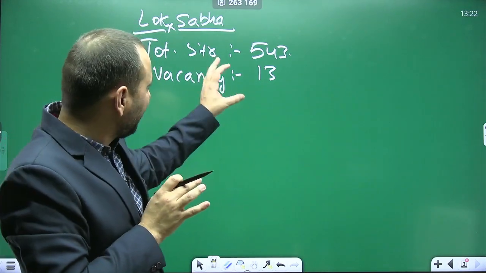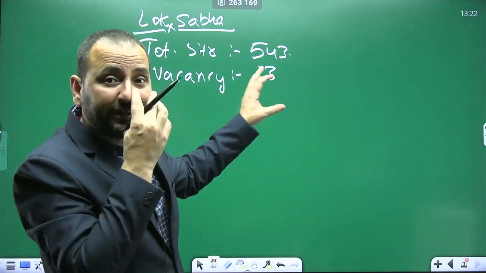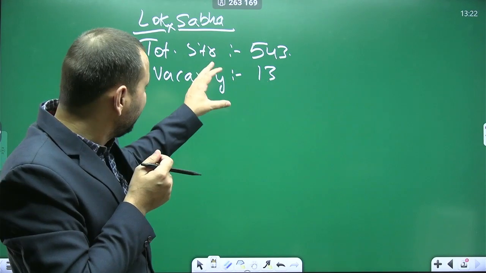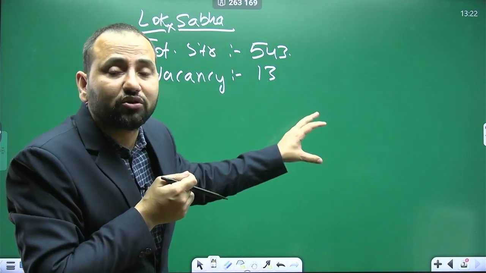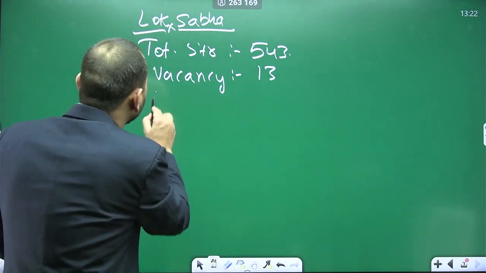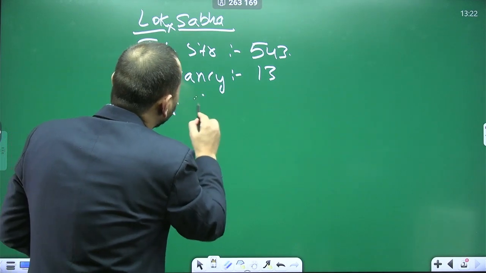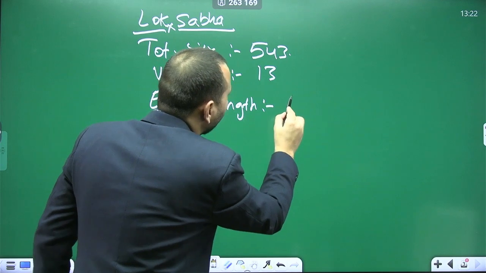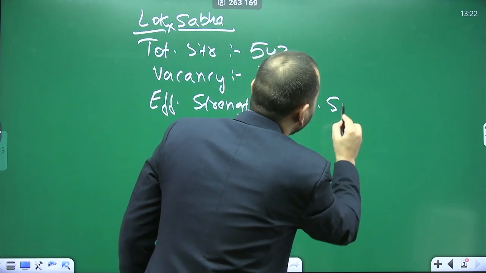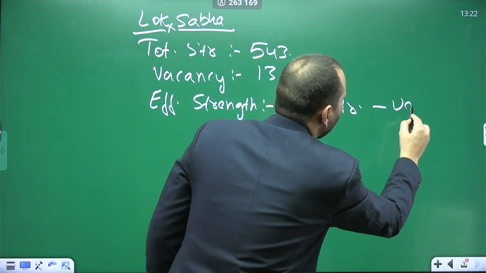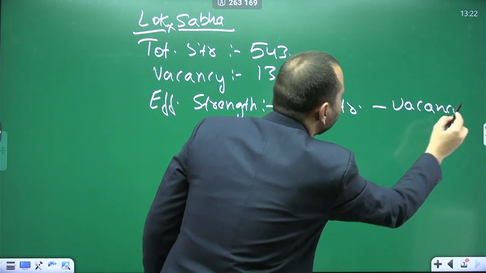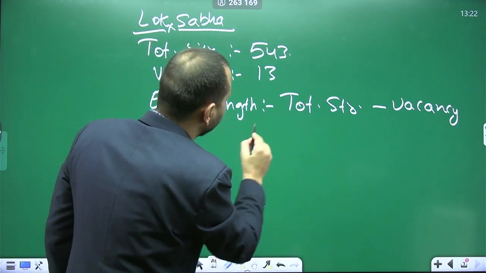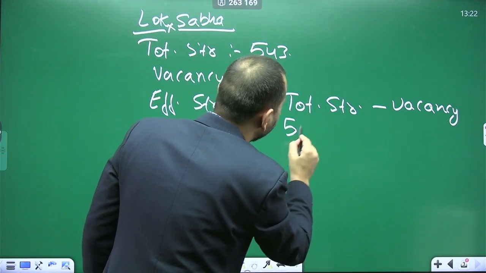So there are 543 seats in Lok Sabha, and that is the total strength. There are 13 vacancies also. So what will be the effective strength? To understand the concept of effective strength, we can simply understand it as total strength minus vacancy. When we do this calculation, the effective strength becomes 530.